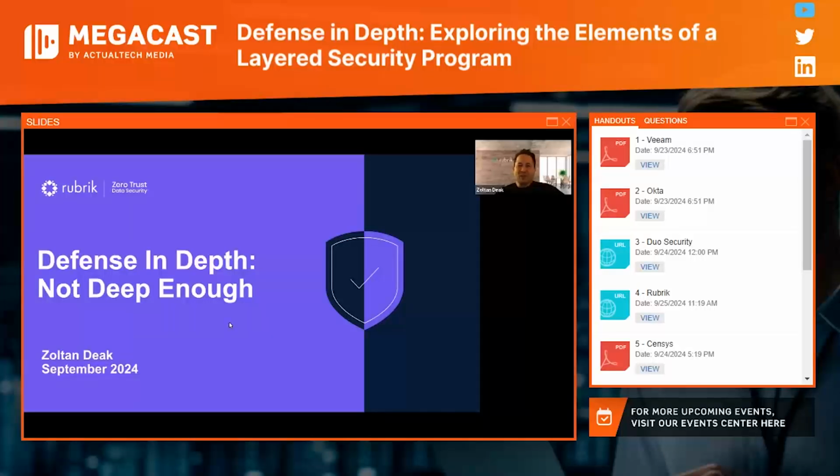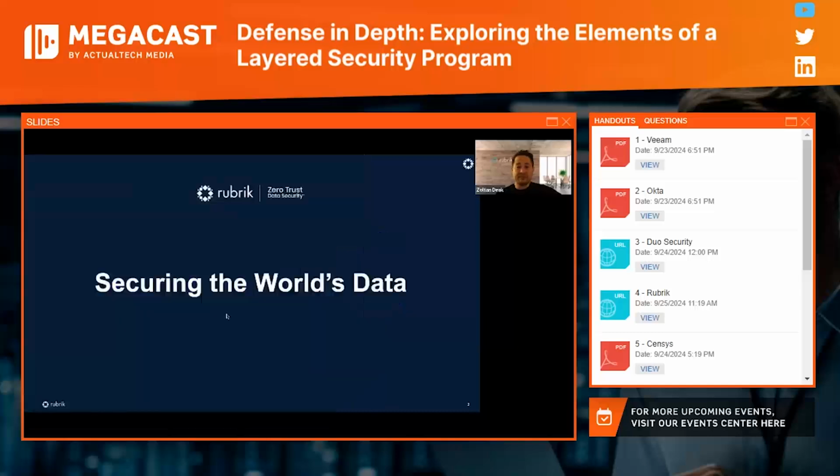Hello, everyone. Welcome, and my name is Zoltan Diak, and I work on our security capabilities here at Rubrik. Today, I'm here to talk about defense in depth, or more specifically, how traditional defense in depth strategies don't go deep enough. At Rubrik, our mission is to secure the world's data.